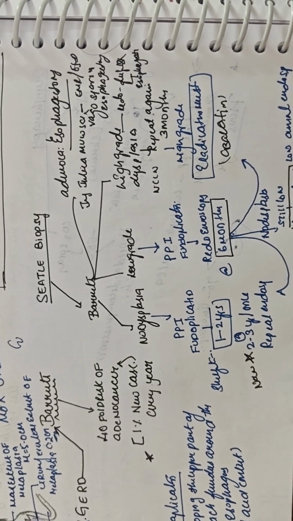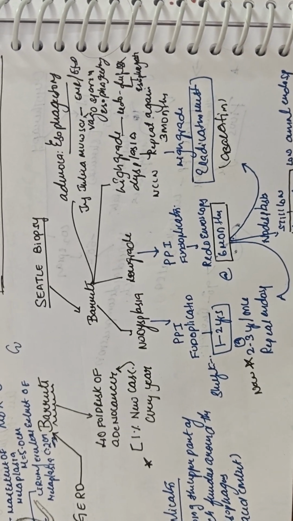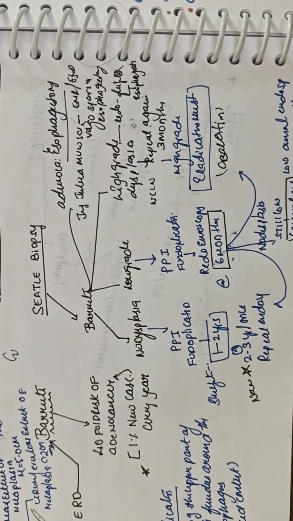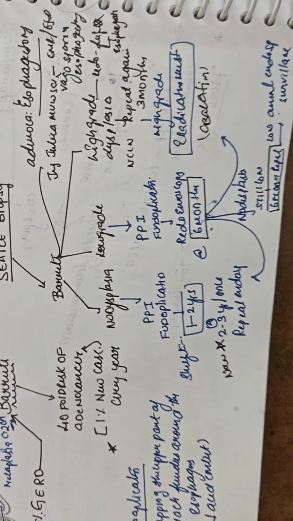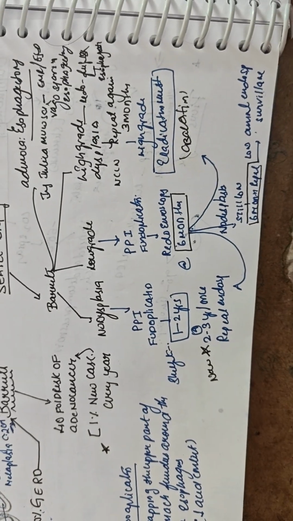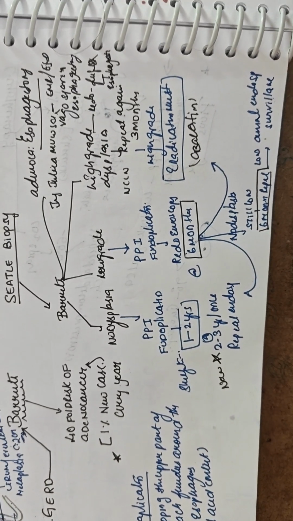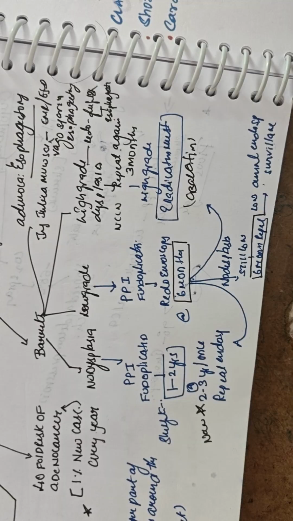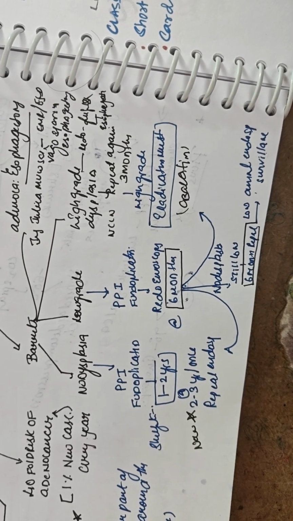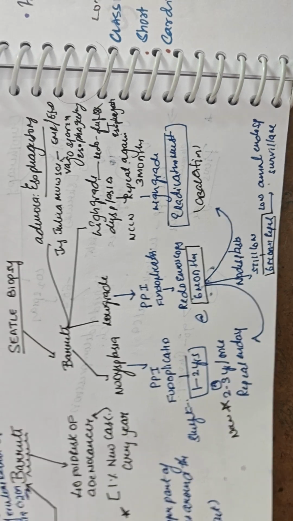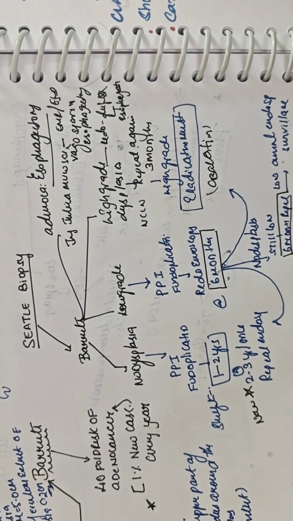Now say a patient has low grade dysplasia. That means there are some cancerous changes, but the grade is low. In this patient, we use PPIs, proton pump inhibitors, and suggest fundoplication. And we redo the endoscopy.